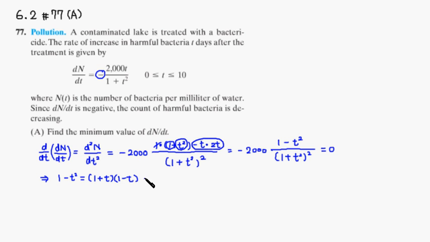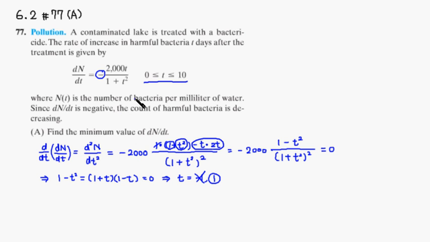Set that equal to 0. So the critical numbers are t equals negative 1 from here, and positive 1 from here. Since the interval is from 0 to 10, we're not going to consider negative 1. So positive 1 is the only critical number under consideration.